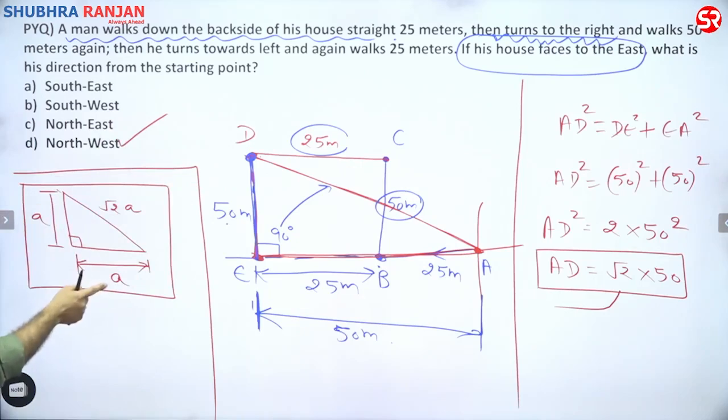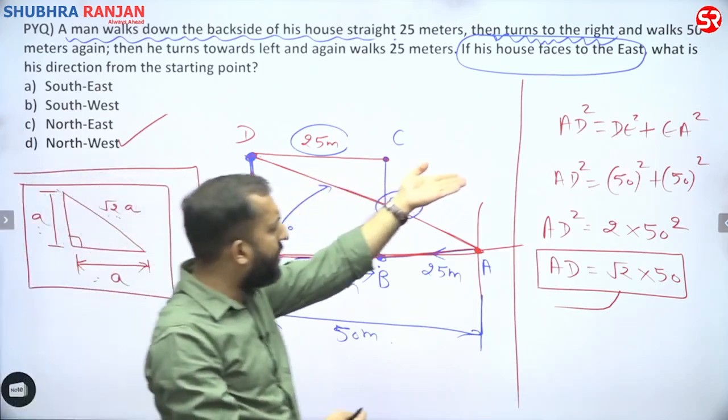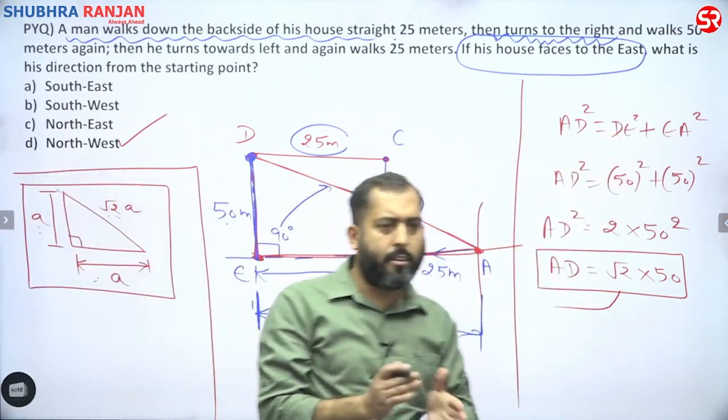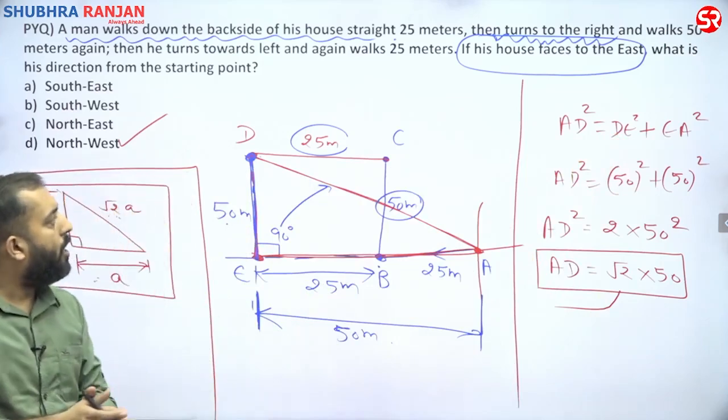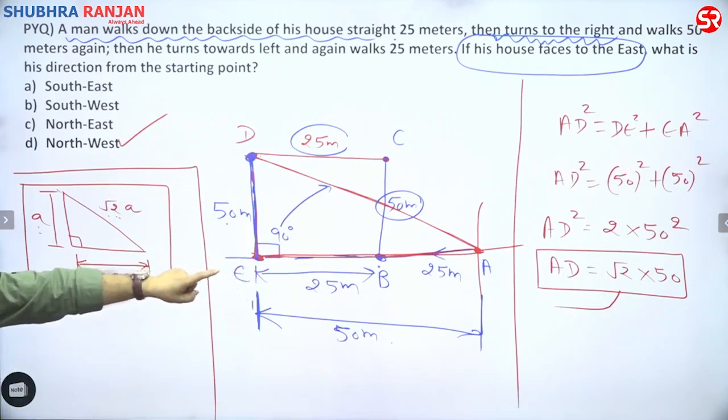So in a right angle triangle, if two sides are equal, then the hypotenuse of that right angle triangle is equal to root 2 into that side. Clear? It's a fact. If you can remember it, that is good. Otherwise, you can go by the other method as well. Okay, so I hope this part is clear to everybody. Any doubt at any point?